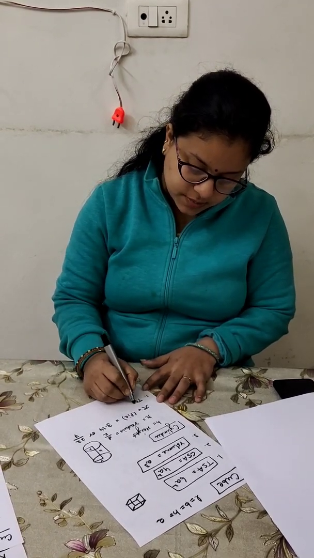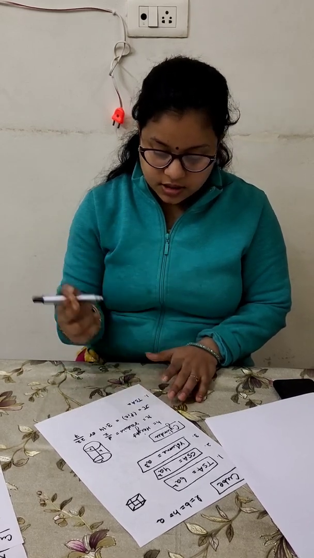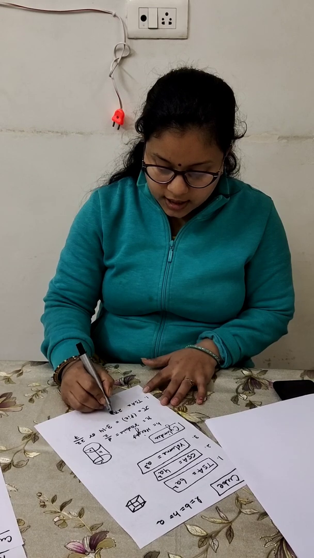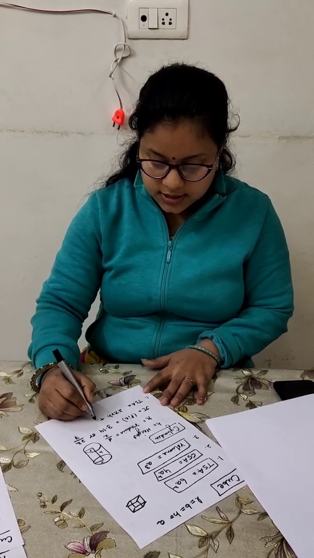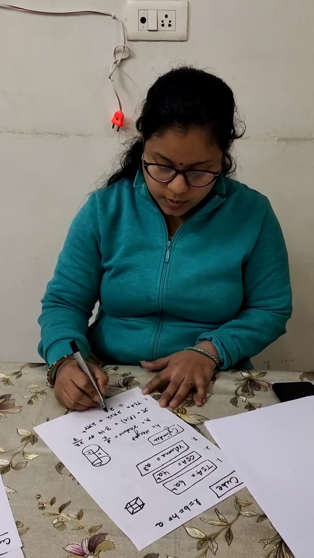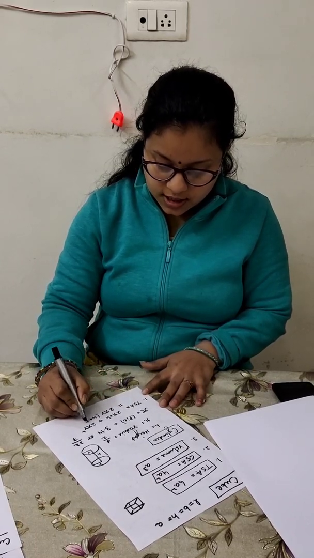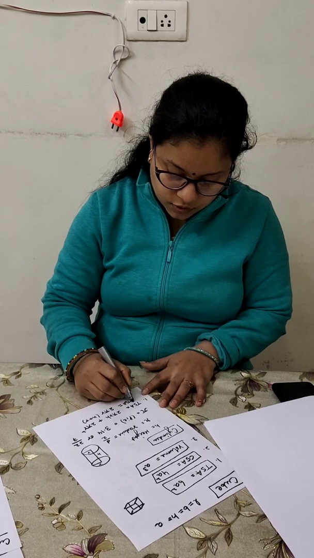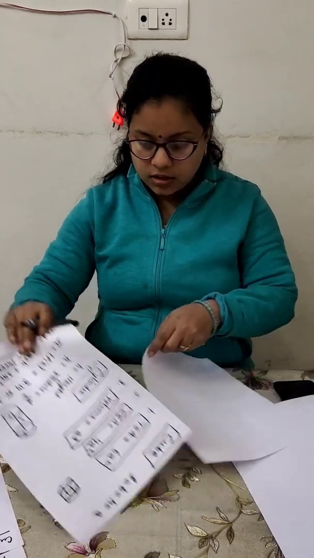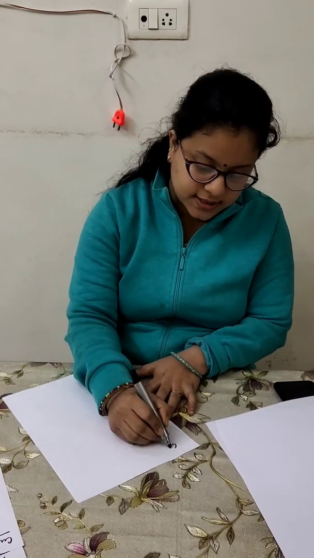First is TSA, meaning total surface area. Total means this curve plus 2 circles. It means 2 pi r h, which is the curve, plus 2 pi r square, meaning 2 circles. So the formula becomes 2 pi r (h + r). This is the formula for TSA. Now we take CSA.